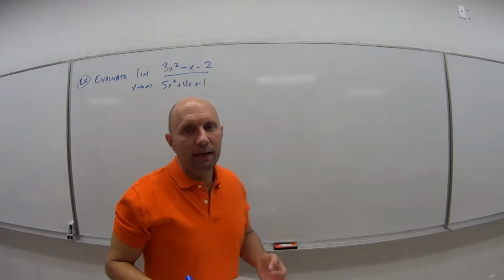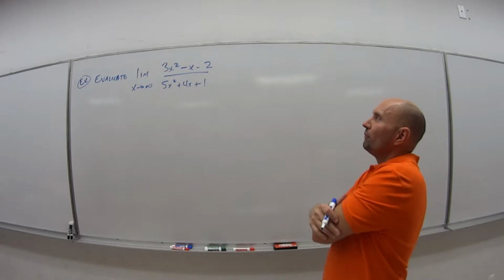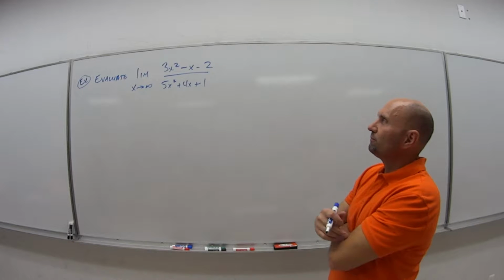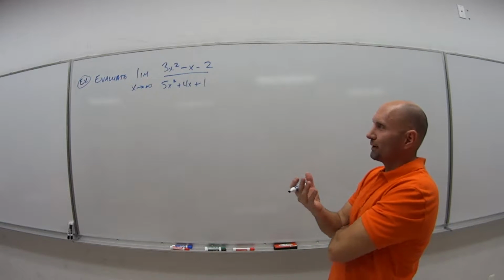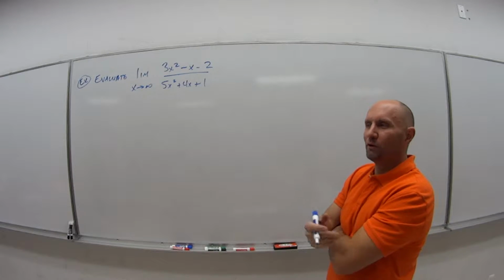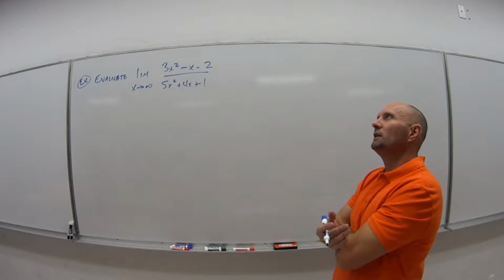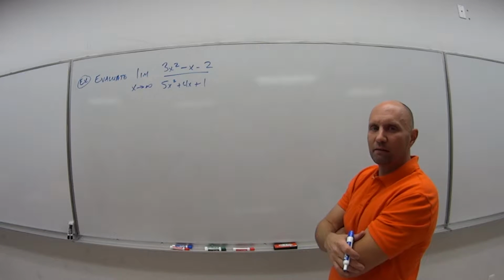At first glance, if I plug in infinity, the numerator is going to go to infinity. The denominator is going to become a really big number, probably going to infinity. So I have infinity over infinity. That doesn't tell me anything.